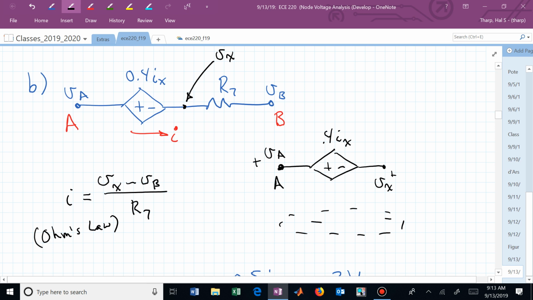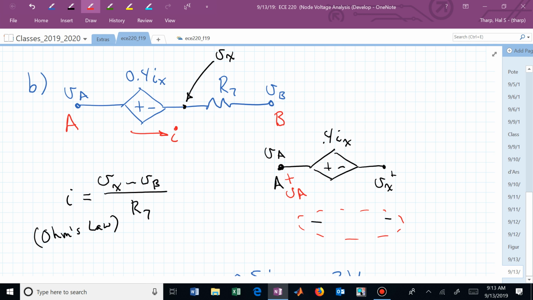So V sub a, boy, I have too many dashes here. I can't even keep track of what's what. There's our reference node. V sub x is here. V sub a is between that black common negative terminal and the plus at terminal A.